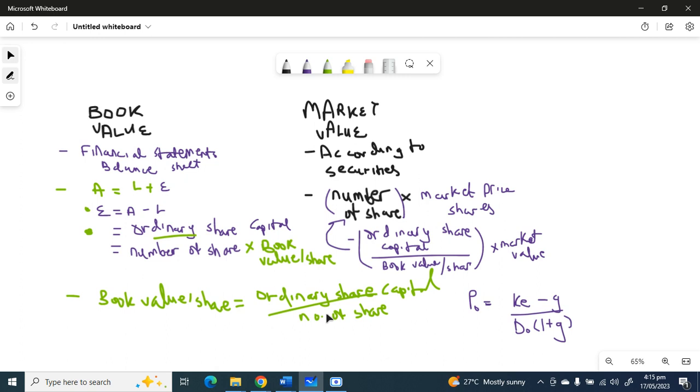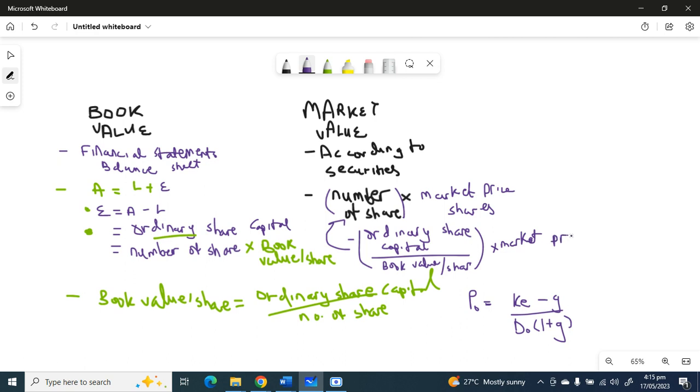And the market value: when you get the market value of equity for a company, it's the number of shares multiplied by the market price of the shares. The way you get the number of shares is just the ordinary share capital divided by the book value per share. That gives you the number of shares. And once you multiply that by the market price per share, that gives you the market value of equity.